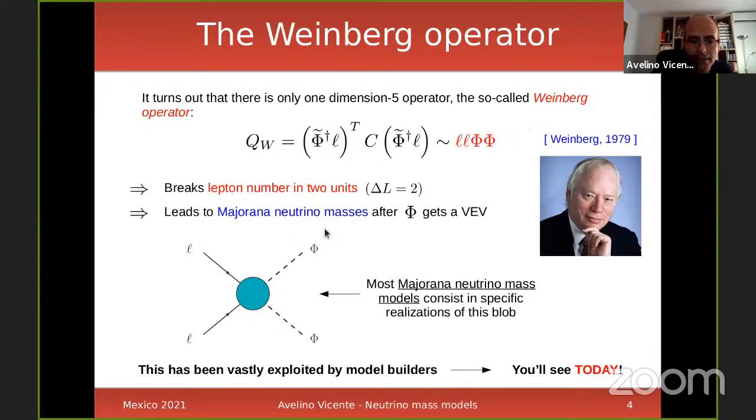Here you have a representation of this operator, and the ultraviolet physics is hidden in the blob. There are many ways to get this blob from ultraviolet completions. And this is what we're going to do today, to see ways in which you can realize this operator with specific models.